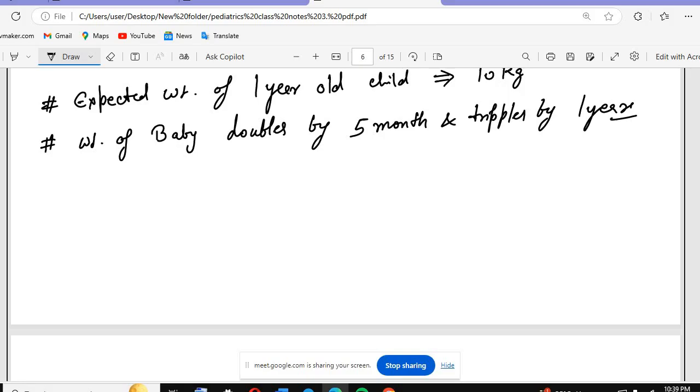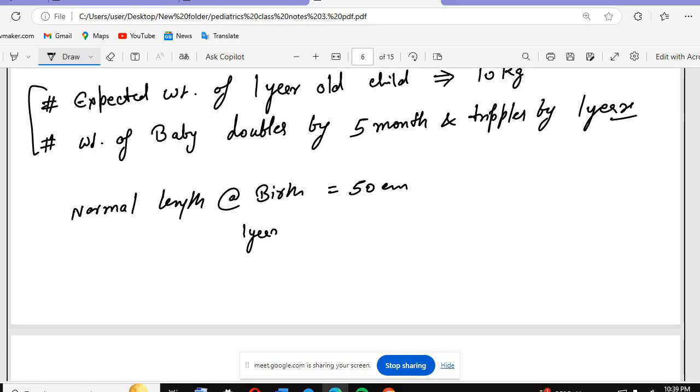Then remember the normal length at birth. That will be 50 centimeter, again the average we take. At 1 year, the length of the baby would be 75 centimeter, and at 4 years, the length would be 100 centimeters.